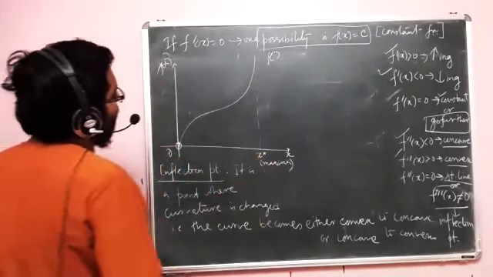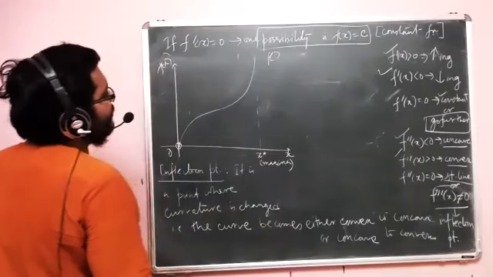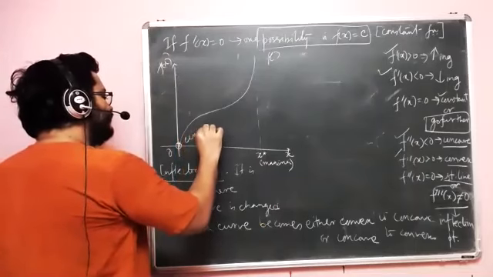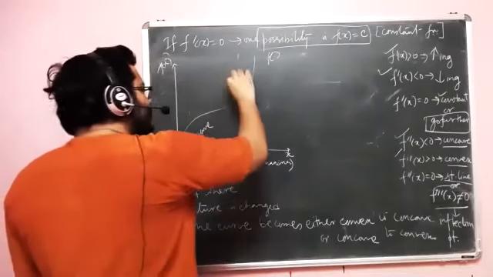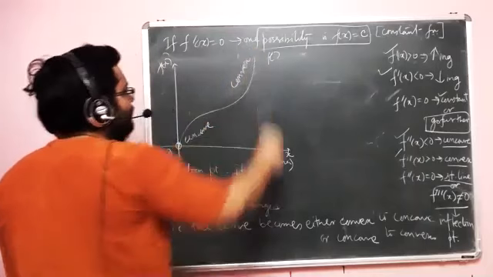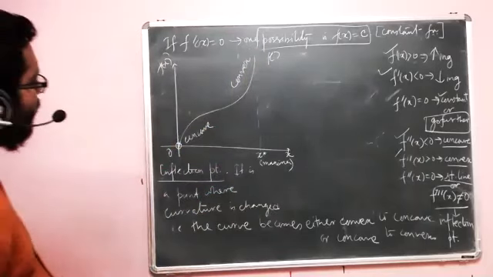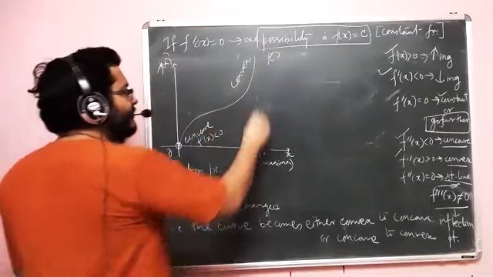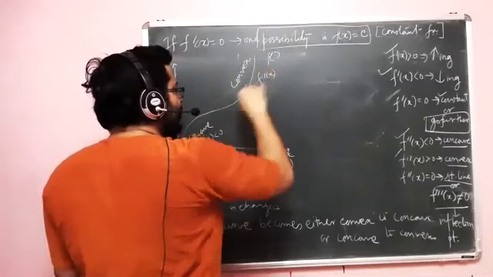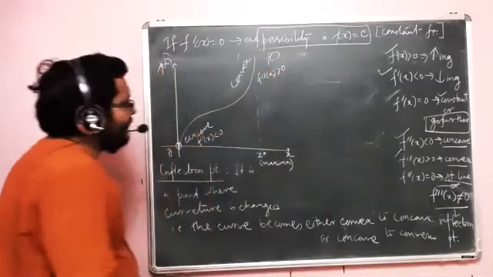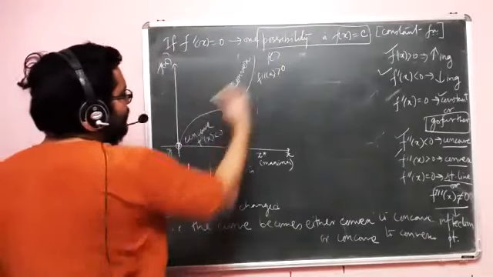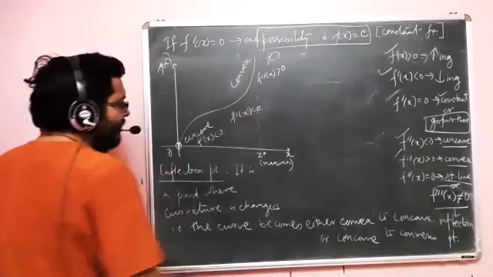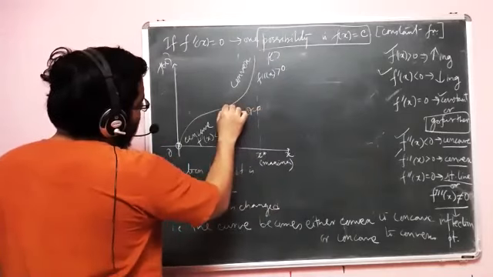Now here we have a scenario where the function is initially concave and then it is convex. In concave, we know that f double dash x is less than 0. In convex, f double dash x is positive. So that means in between there is a point where f double dash x actually becomes 0. What is that point? Let's say this is the point.